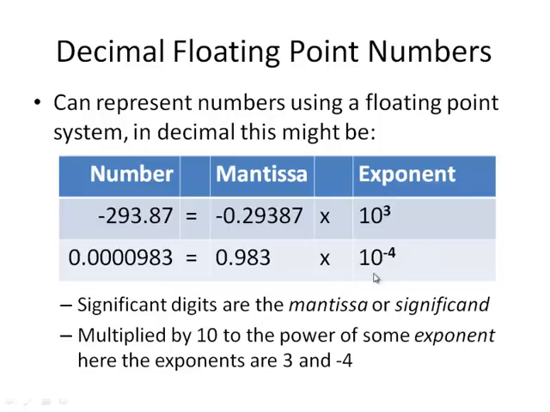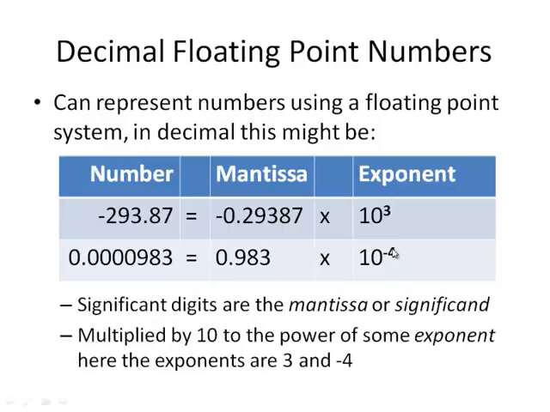So 10 to the minus 4 here is basically saying we're multiplying it by 1 over 10,000, so we're dividing by 10,000. So we can also think of this as moving the point 3 places to the right. So move the point from here 1 to 3 places would give us 293.87.